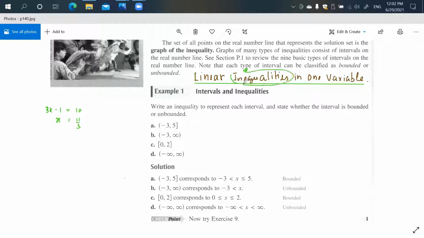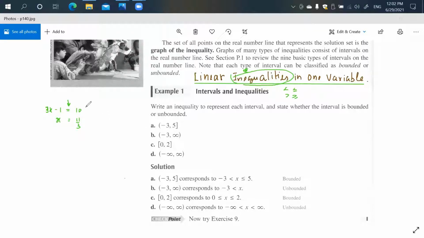But now we're gonna learn inequality. In inequality we will use signs like less than, less than or equal to, or greater than or equal to. The equal sign we learned before, in equation. Now we learn inequalities.